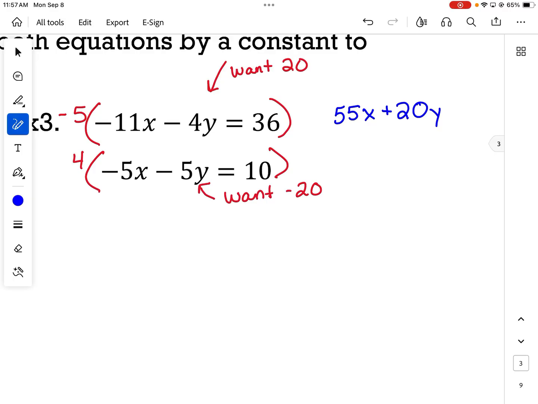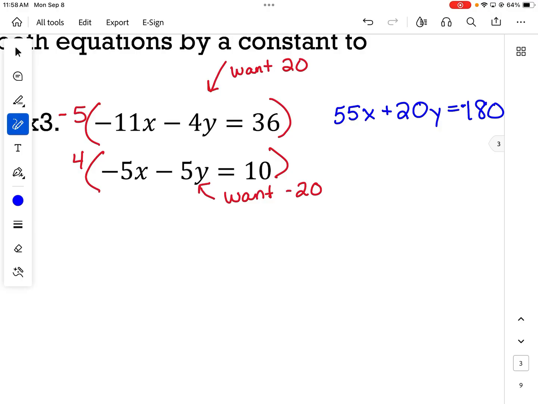And then negative 5 times 36. Negative 180. Okay, so I multiplied the whole first equation by negative 5. Now I need to multiply the whole second equation by positive 4.